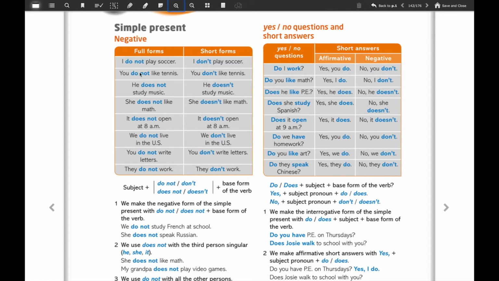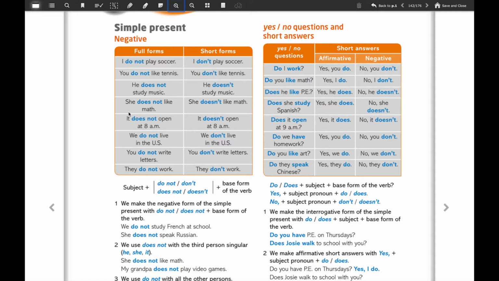I, you, we, you, they, all those words, you're going to use with do not, okay? El I, you, we, you, they, todos los van a usar con esas palabritas do not. No puedo poner doesn't or does not. So, you do not like tennis. In the short form, you don't like tennis.